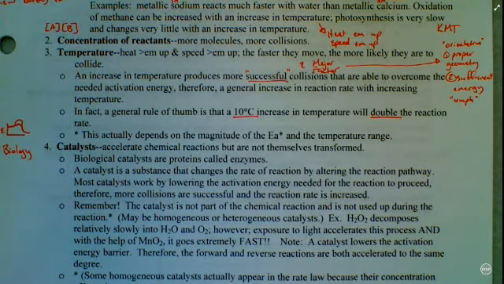One thing that you need to remember about a catalyst is that it most certainly accelerates chemical reactions, but the catalyst itself is not transformed. When I was in school, I remember catalysts as things that accelerate chemical reactions but don't participate in the reaction.